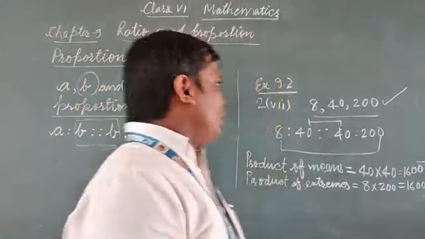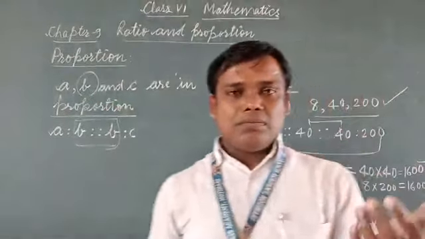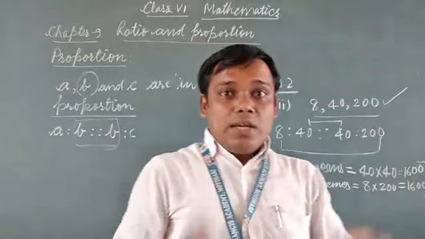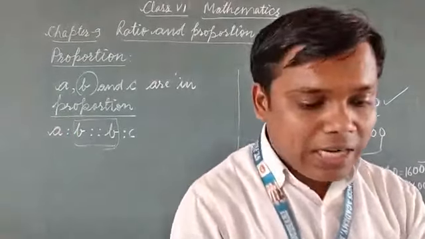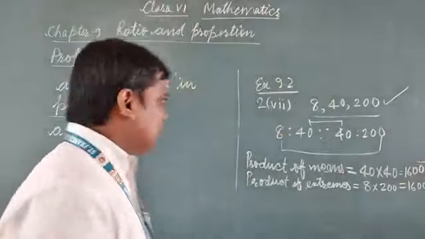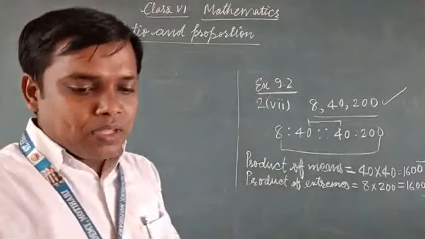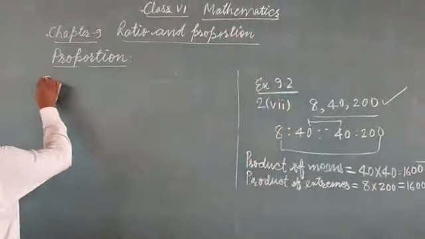Clear? Sometimes in questions some numbers are given in proportion along with some variable terms, that is x, y, z, and it is asked that if this set of numbers is in proportion, find the value of x. As an example, exercise 9.2, question number 3, part 1.